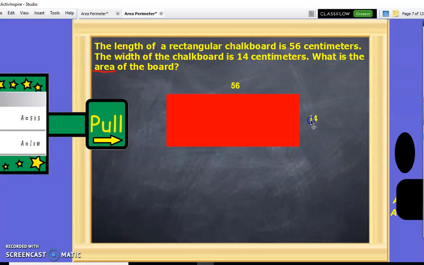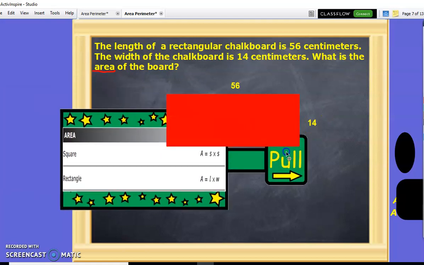And our width is 14. We're only going to label 2 sides because our formula only needs 1 length and 1 width for a rectangle.